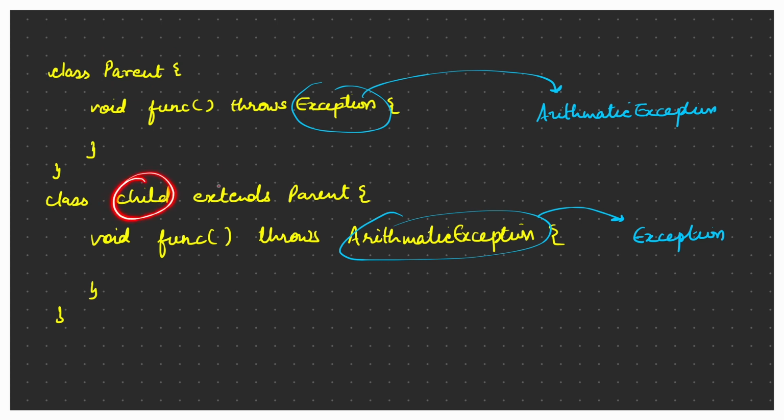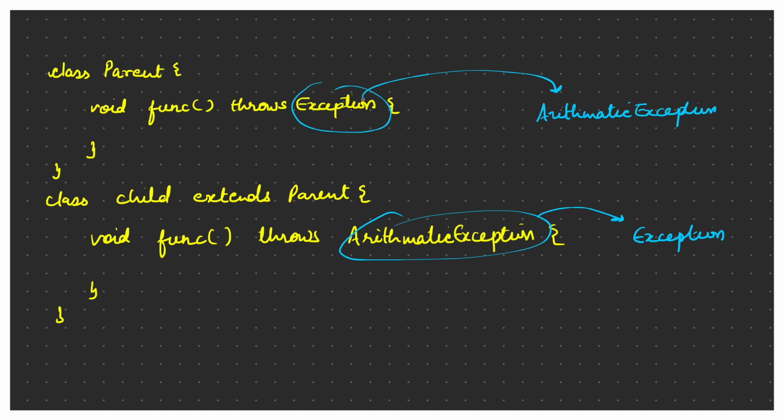The child class extends the parent class, and there is an overridden function, func. The parent class function throws some exception and the child class function also throws some exception. Just ignore this blue marker for a while. First we'll look at the yellow one.